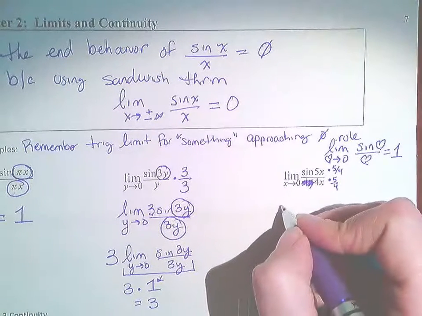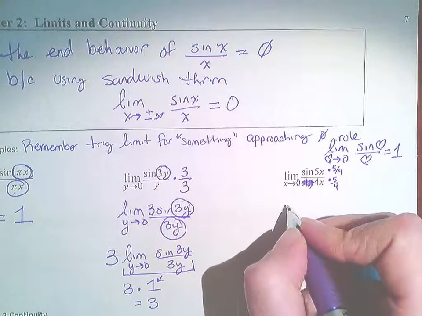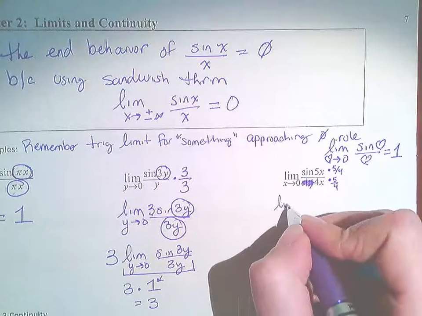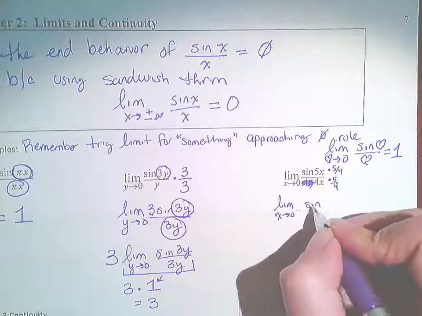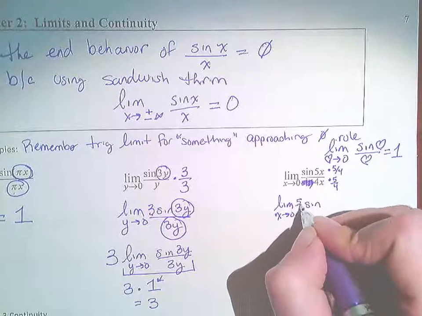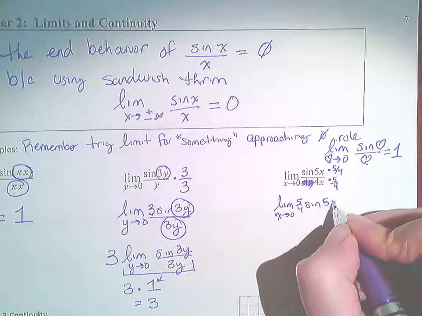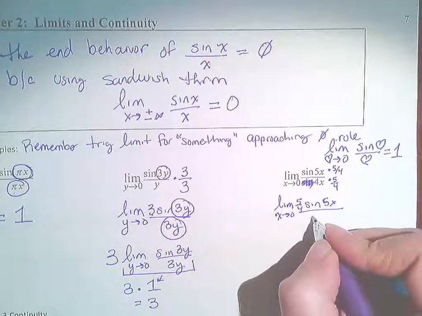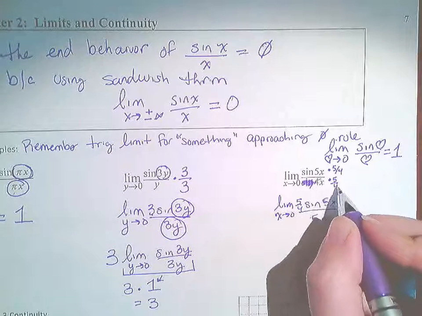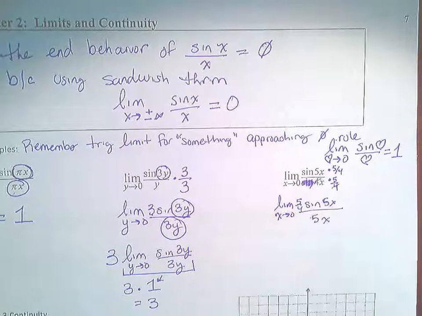So now we're left with the limit as x approaches 0 of 5/4 times sine of 5x over 5x, because the 4's cancel out. 5 times x is 5x.